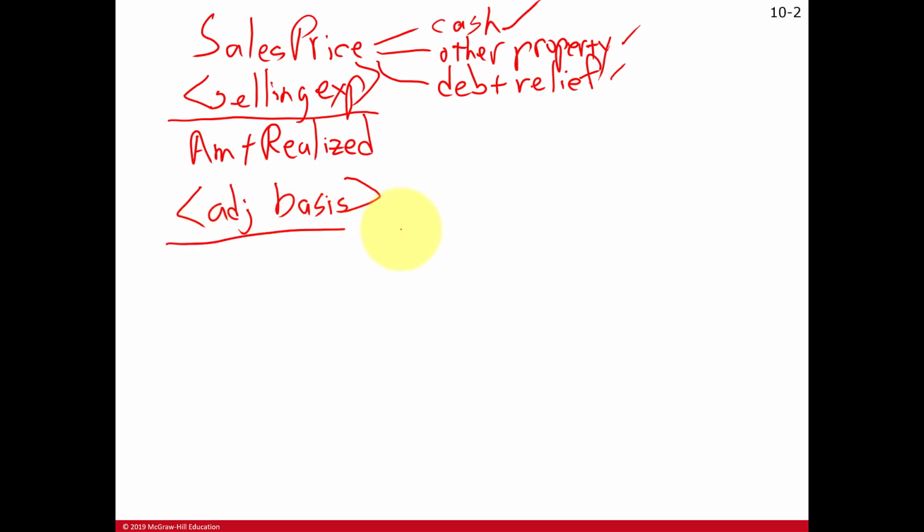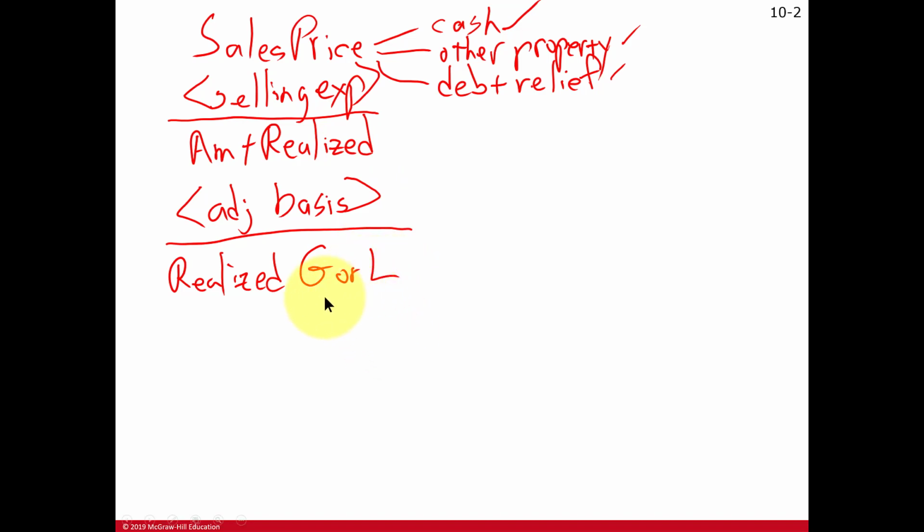And if the amount realized is larger than that adjusted basis, we're going to have a realized gain. And of course, we typically pay taxes on gains. Or if the adjusted basis were larger than the amount realized, the difference would be a realized loss.